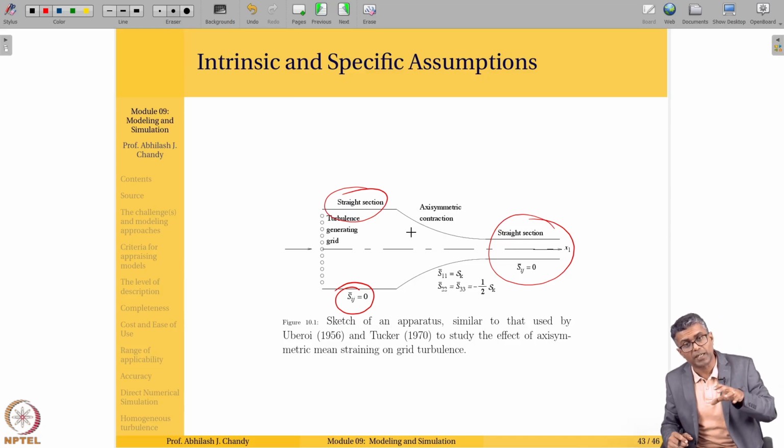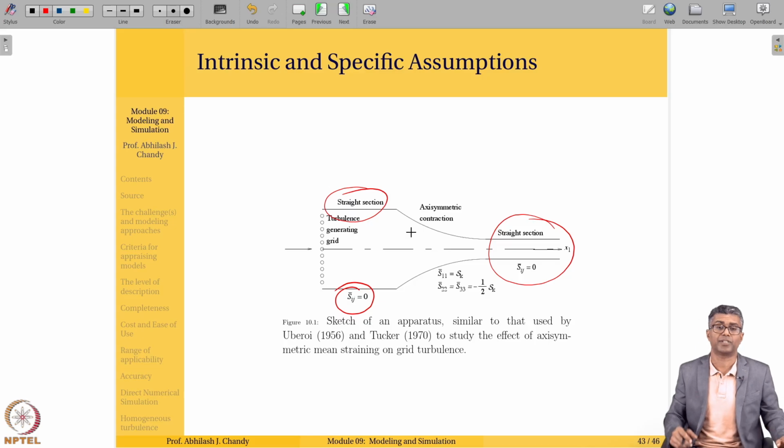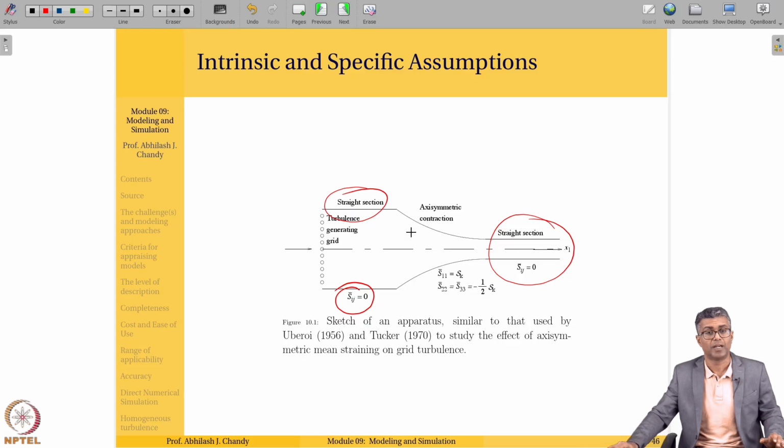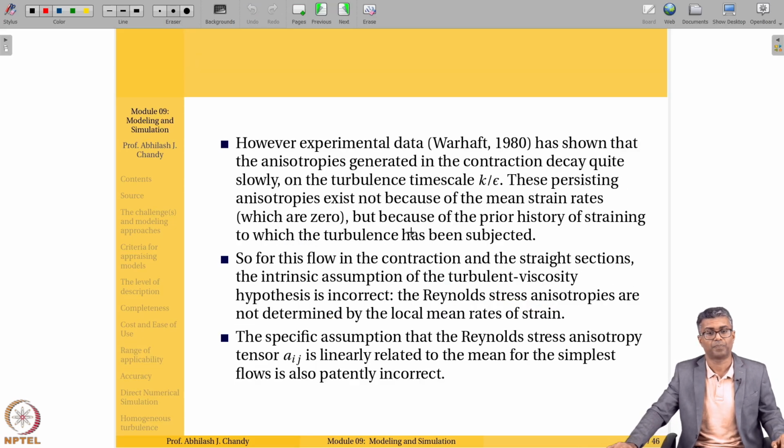And so there is a history associated with it. That turbulent history, decay history, is completely neglected in this intrinsic assumption, because what we are saying is that it is dependent only on the local mean strain rate, whereas everything is not local. There is a history associated with it, and that is what the turbulent viscosity hypothesis neglects.